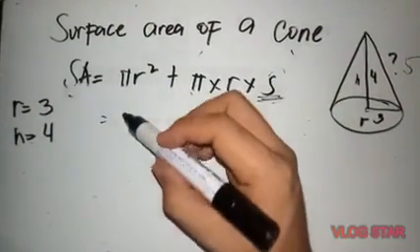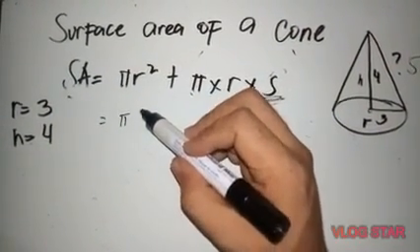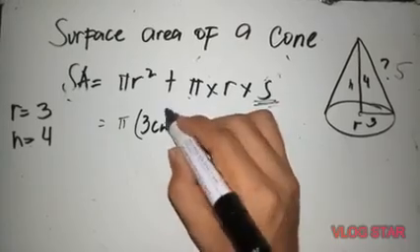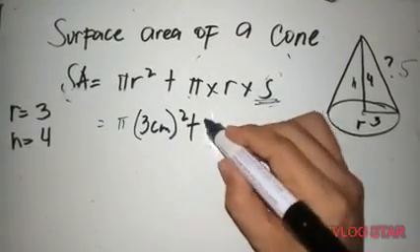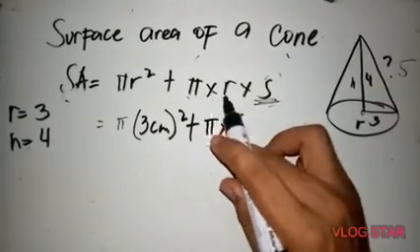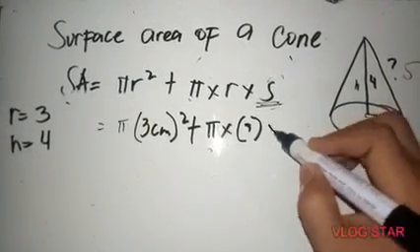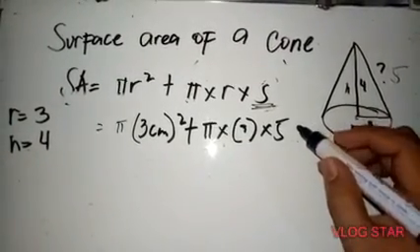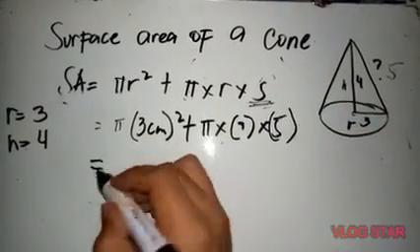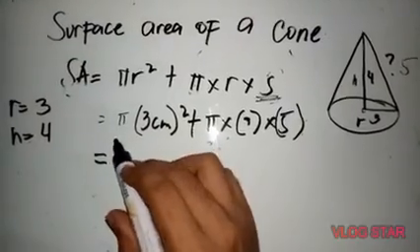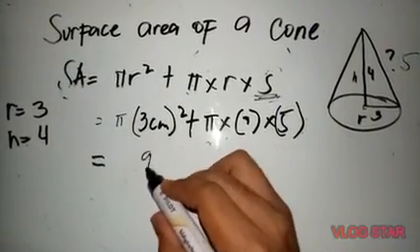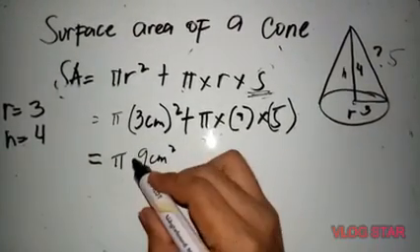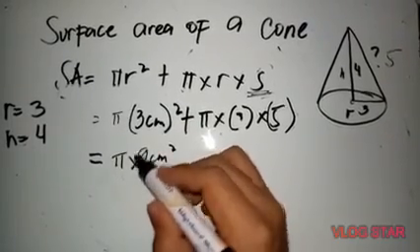So first is pi times r square, which is 3 cm square, plus pi times r, the value of r is 3, times the value of s, which is 5. 3 centimeter square is 9 centimeter square, times pi.